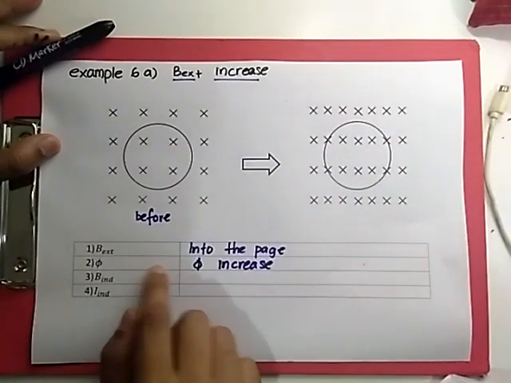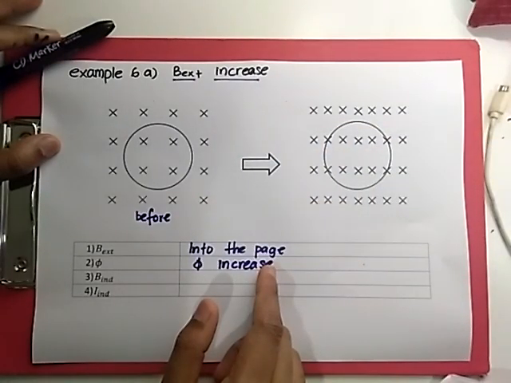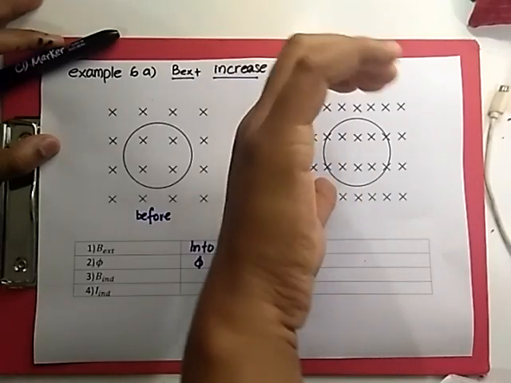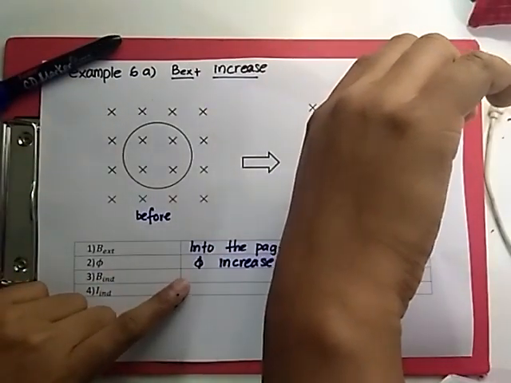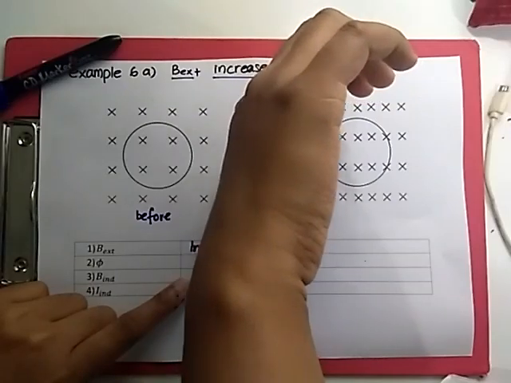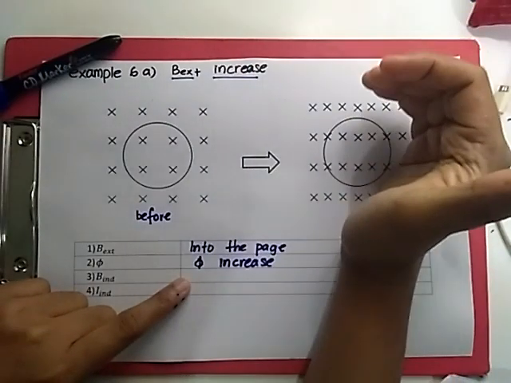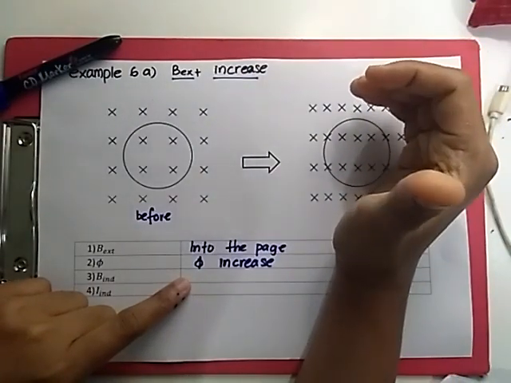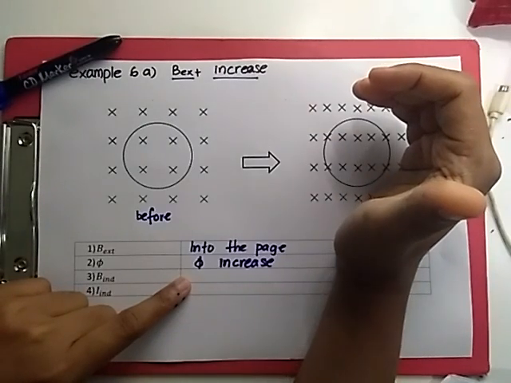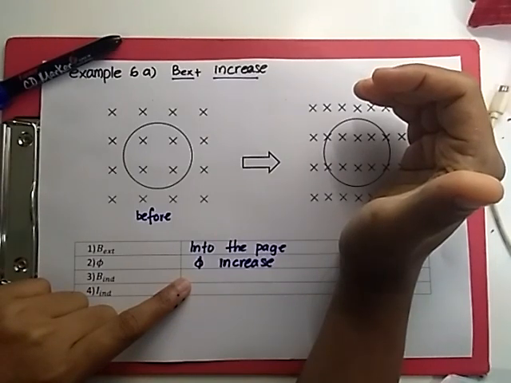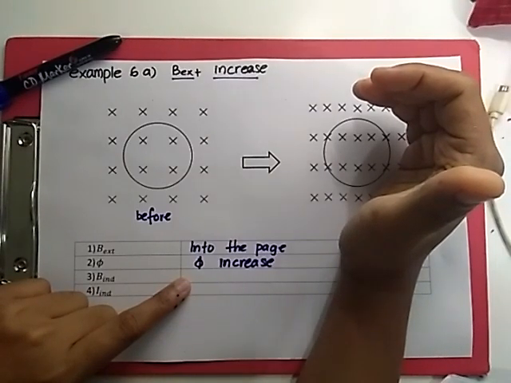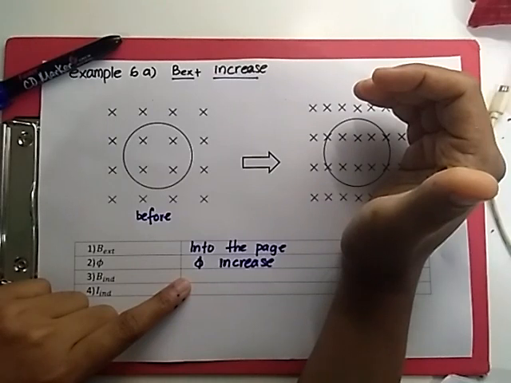So, yang pertama sekali, the external magnetic field is into the page. So, apabila magnetic flux increase, maka kita kena terbalikkan tangan kita kerana magnetic field produced in the coil, or induced magnetic field, oppose the external magnetic field into the page.